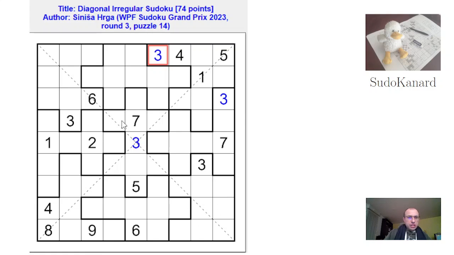So on this region those three 3s remove all those cells, so we get a 3 here, and for this region we have this, so there's a 3 here.